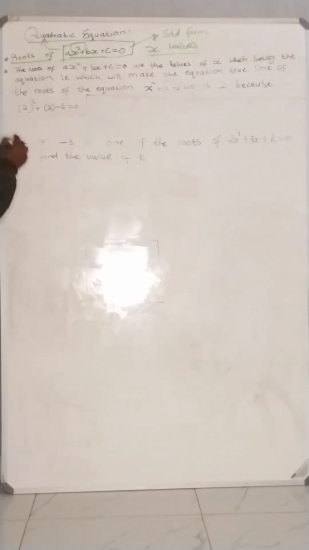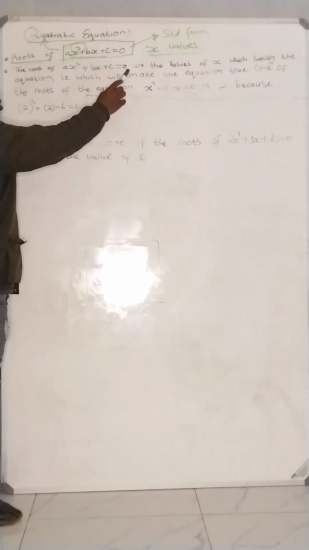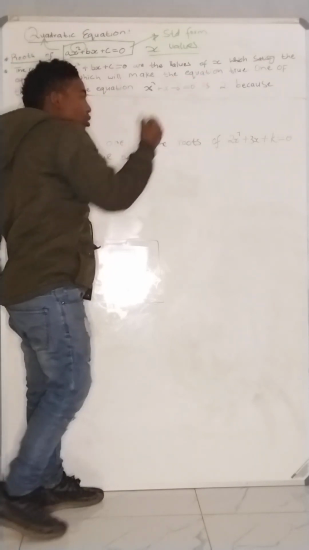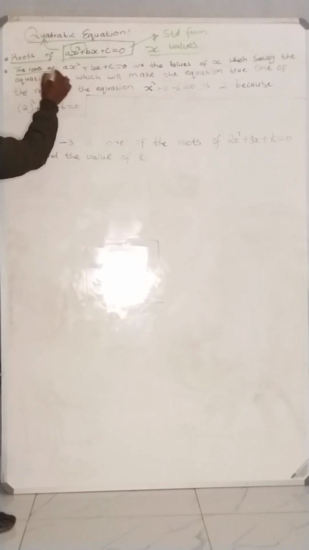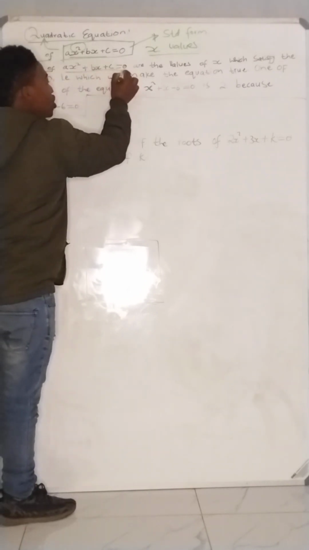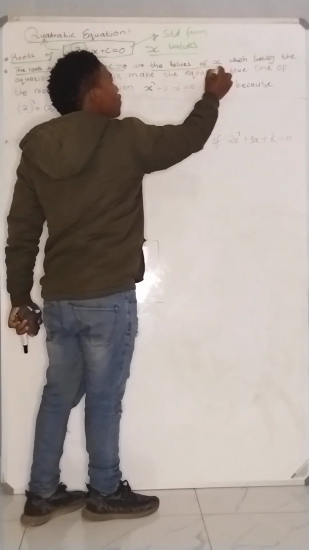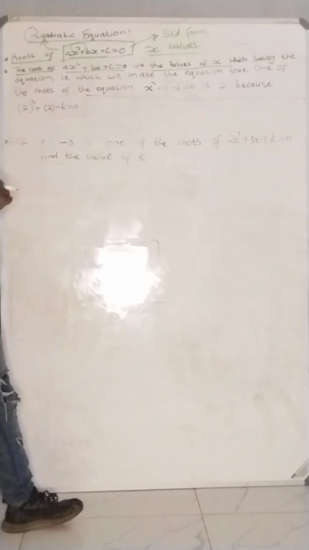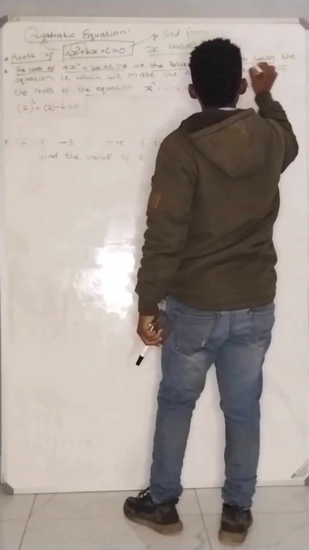The roots of ax squared plus bx plus c equals 0 are the values of x. You see, they emphasize it there again. The roots of the quadratic equation are the x values which satisfy the equation.